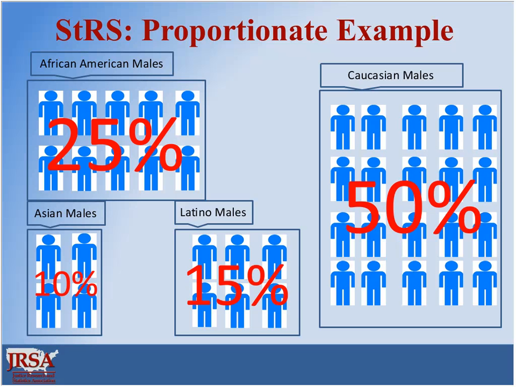So if we wanted to, for example, interview 20 individuals, that would be 20 individuals for 50% if we are focusing on Caucasian males. 50% of 20 is 10. So we would recruit 10 Caucasian males. 25% of 20 for African American males would be 5. 15% of 20 for Latino males would be 3. And 10% for Asian males is 2.